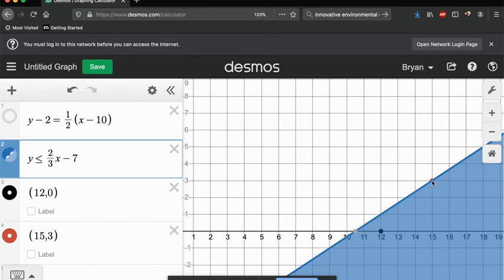Now this point would be a solution. So the difference is anything on the line in an inequality is a solution if it's also equal to the line, but if it's not equal to the line and it's dashed, that means anything on the line is not a solution. So we'll talk more about that, but when you test things algebraically, you'll see something that's not true or true depending on what this inequality is.